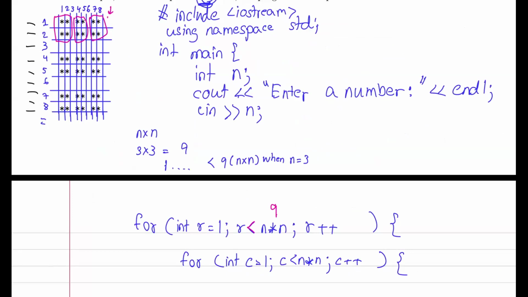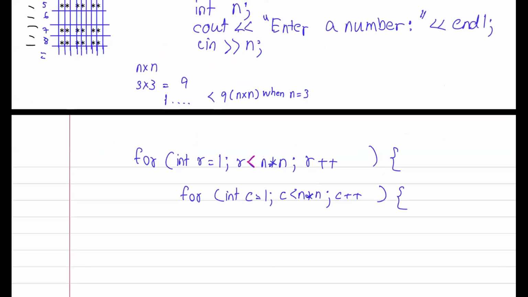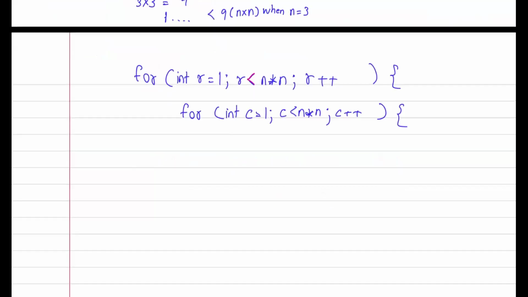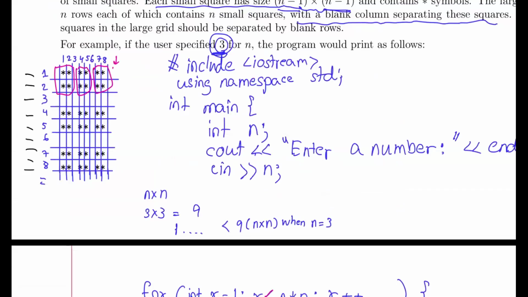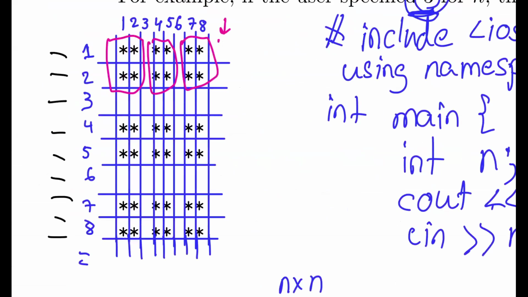Okay, great. Let's continue. After we get the end, we need to think about when we are going to print. What condition do we need to print the star? So 1, 2 is star, and then 3 is space. 4, 5 is star, and 6 is space.